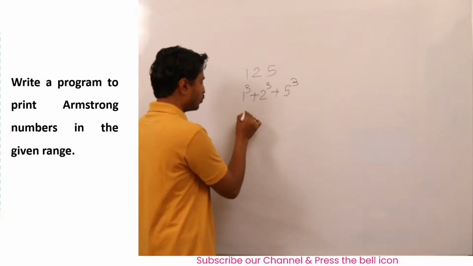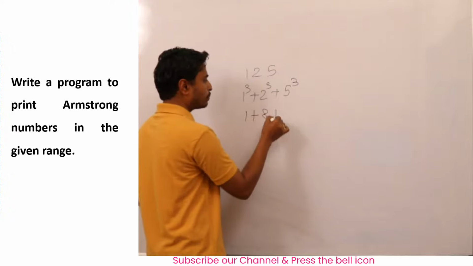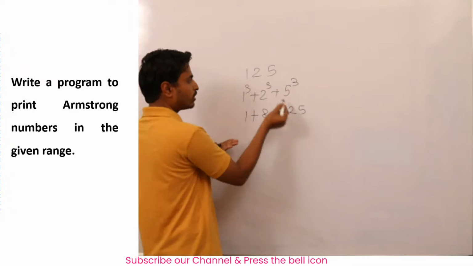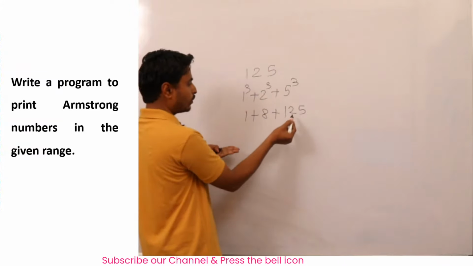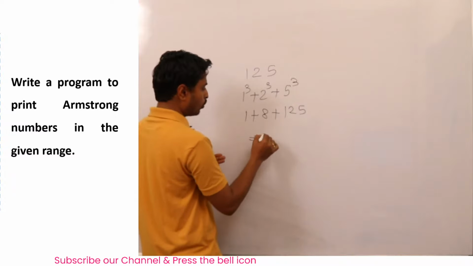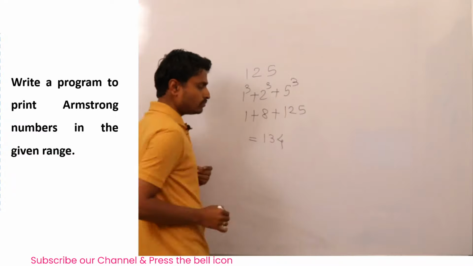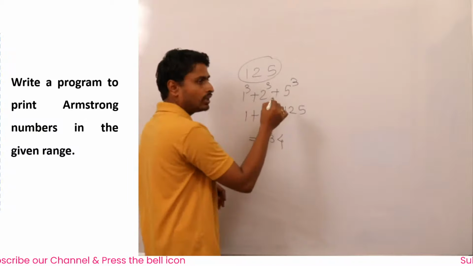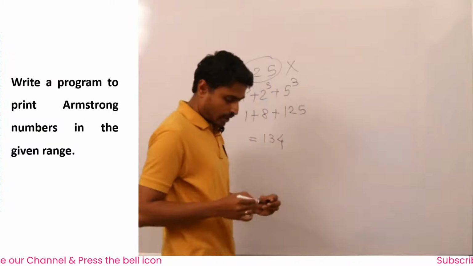That is 1 plus 8 plus 125, which becomes 134. So obviously this is not equal to 125. That means 125 is not an Armstrong number.